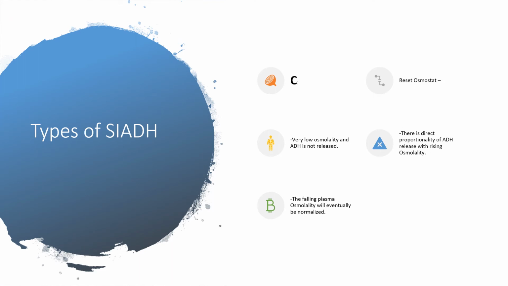In type C, we're going to have reset osmostat. Here, we'll be dealing with very low osmolarity, and ADH is not released. Okay? So there is direct proportionality of ADH with rising osmolarity.